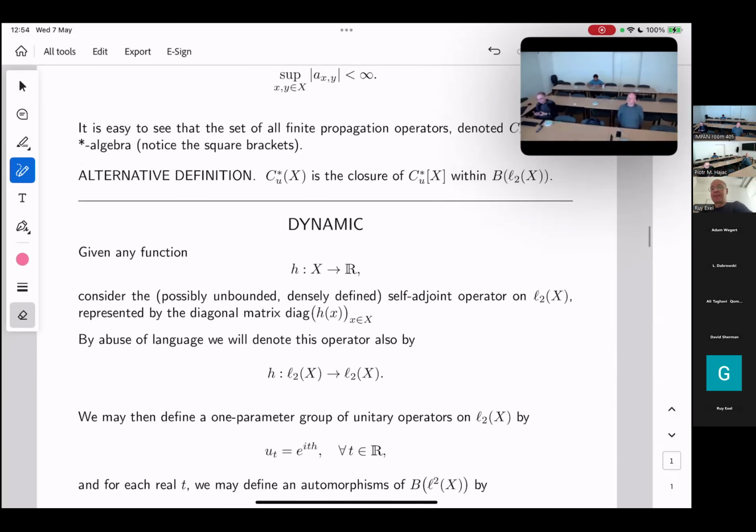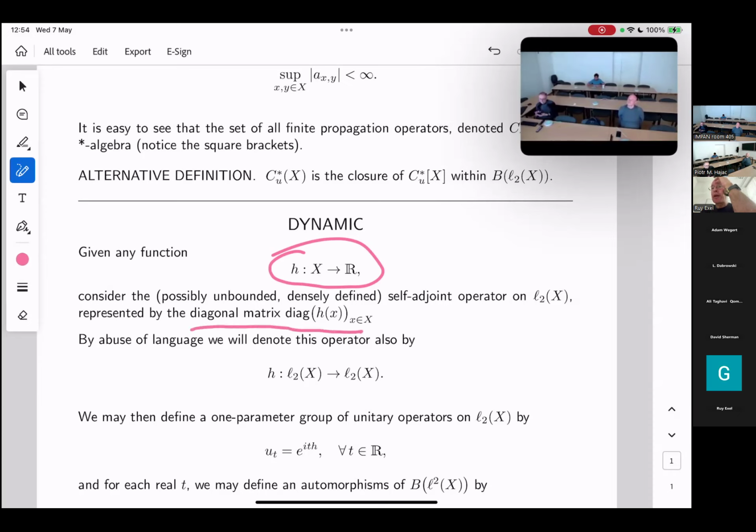Now let's talk about flows, which is the main topic of the talk. So choose a function h from X to R, any function, and look at the diagonal operator.